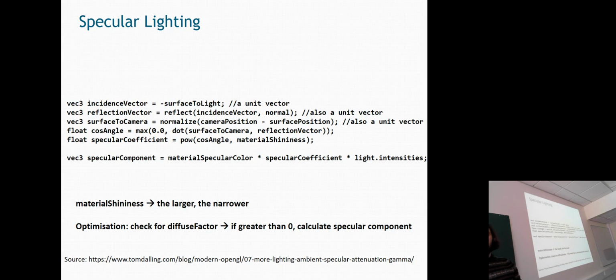Finally, the specular component is found as the specular color, the coefficient that we found considering the shininess and the cosine of the angle between the reflection and the observer, and the intensities.